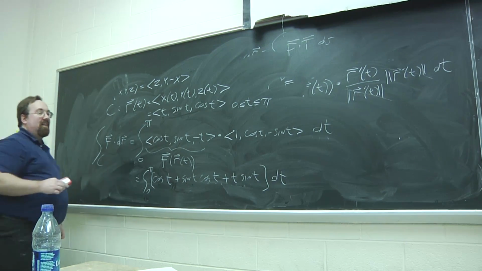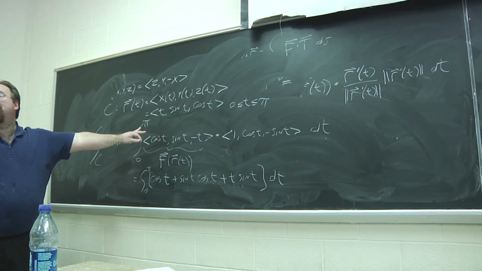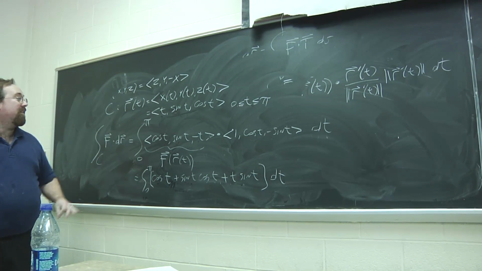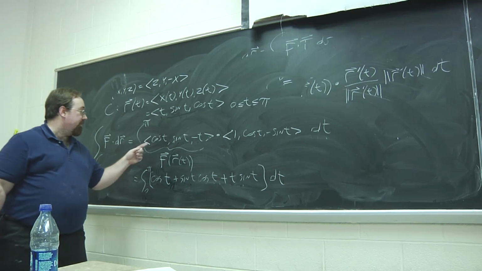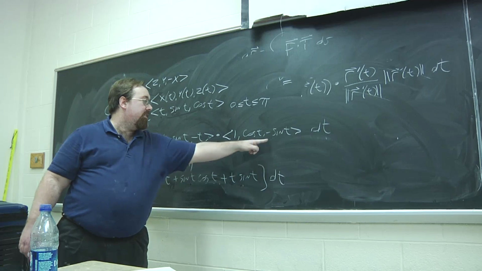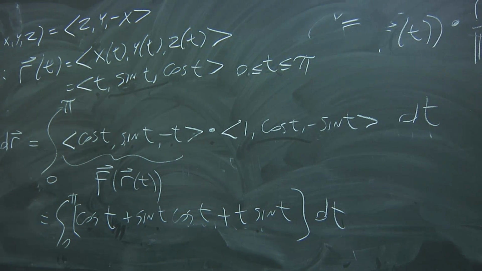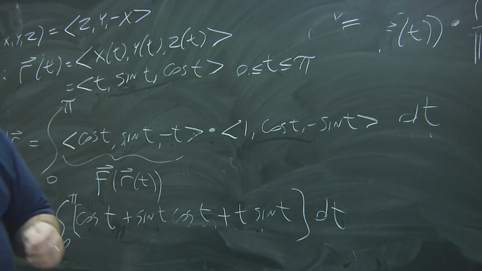All right. Any questions about, especially, the setup? So it's a vector field with your parameterization plugged in, dot product with the tangent vector you get by differentiating your parameterization, and once you complete the dot product, that's what you integrate.